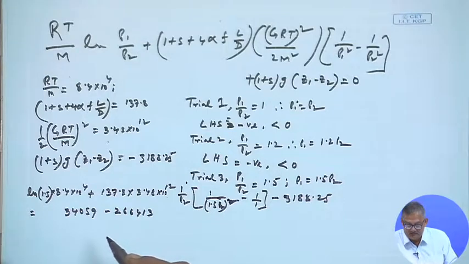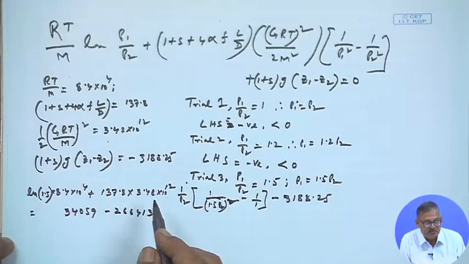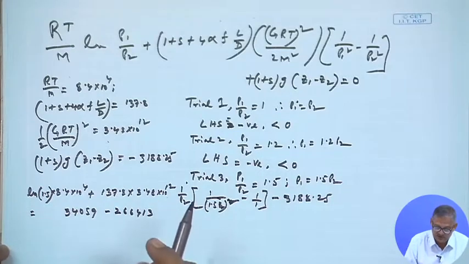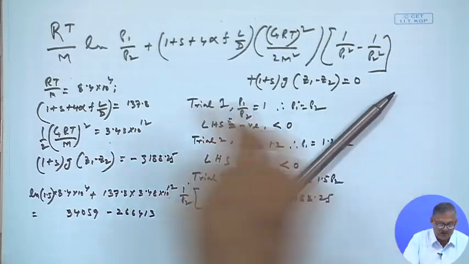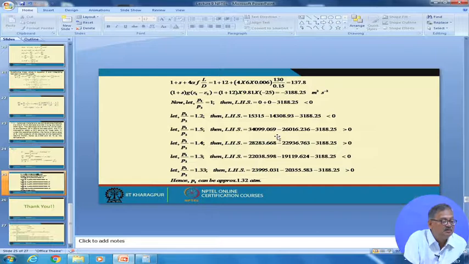It is still a bigger number, 10 to the 12. So how come it is then? It has become P1 by P2 1.5. So this is 3.34099 is okay, but how has it come so less?